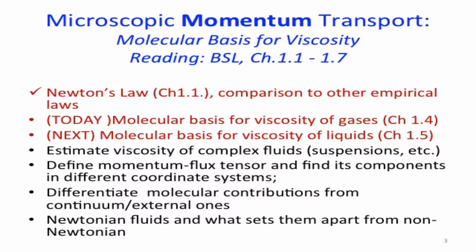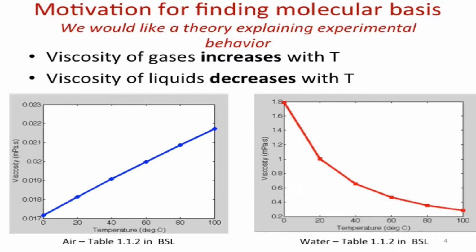It is somewhat unlikely that you went through this in your undergraduate course, other than as ready-to-go formulas, so I asked you to read chapter 1.4 in advance. What is our motivation for going down to the molecular level? Our motivation is to find the theory, or rather the mechanisms at play, that explain the behavior of gases and liquids, in particular the viscosity behavior.